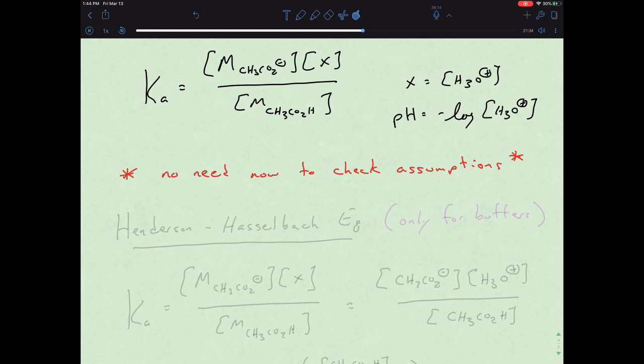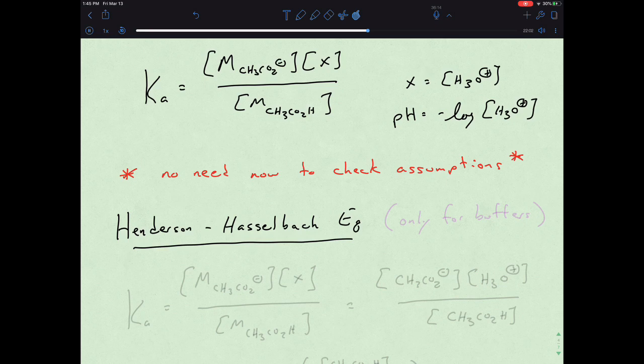Now, there is a subtle trick that we can also use, and that's known as the Henderson-Hasselbalch equation. Not the David Hasselhoff equation, the Henderson-Hasselbalch equation.